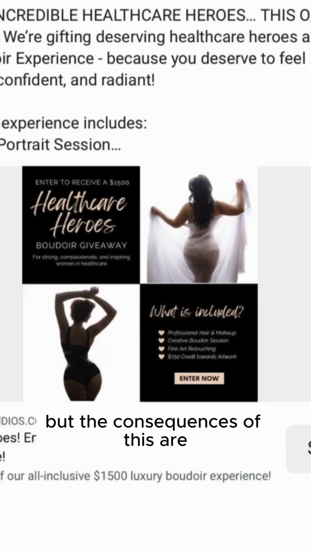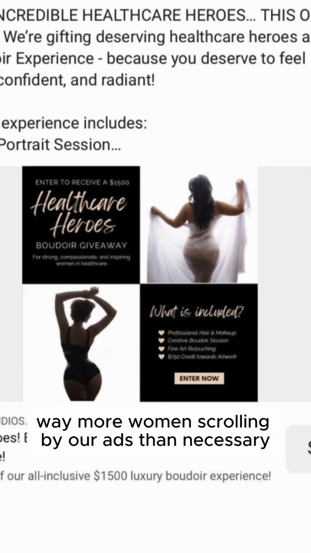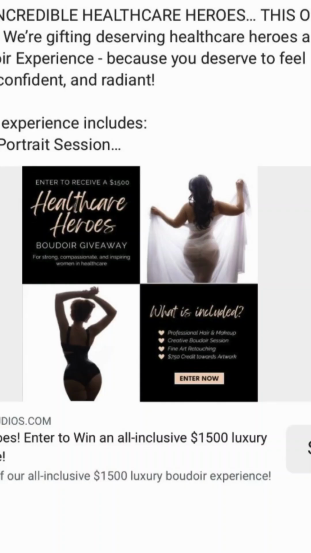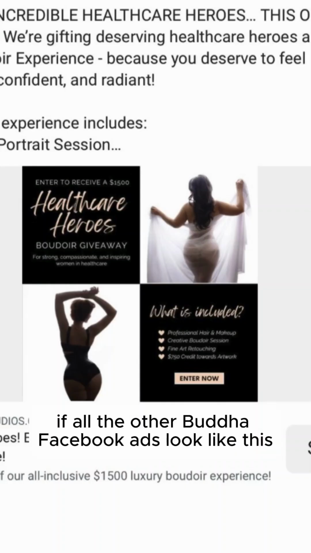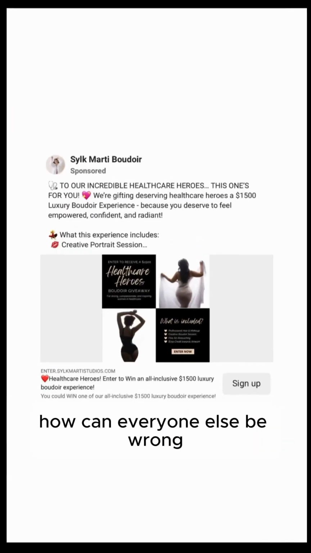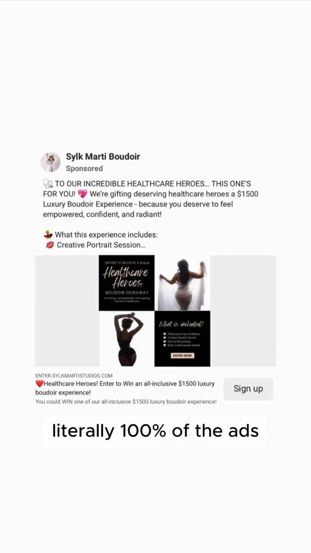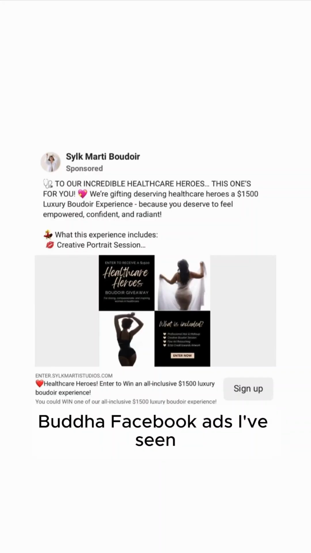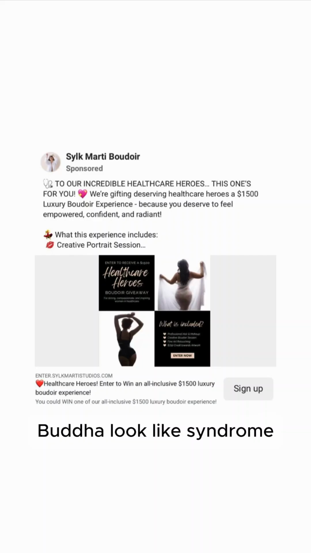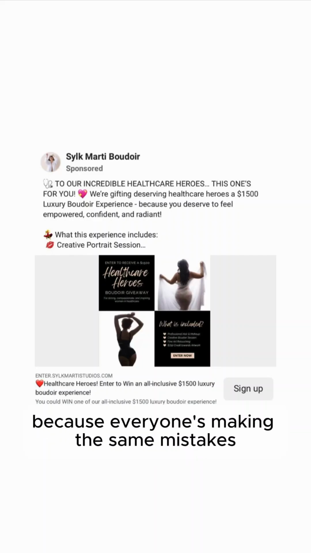But the consequences of this are way more women scrolling by our ads than necessary. And a common question is, well, if all the other Boudoir Facebook ads look like this, how can everyone else be wrong? It's because everyone else that I've seen has BLCS. Literally 100% of the Boudoir Facebook ads I've seen the back ends for have had BLCS, Boudoir low click syndrome, because everyone's making the same mistakes.